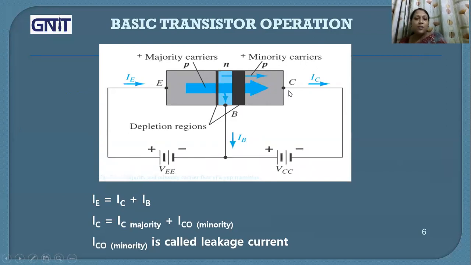This phenomenon is called reach through or punch through phenomenon, and the voltage at which this phenomenon occurs is called punch through voltage.